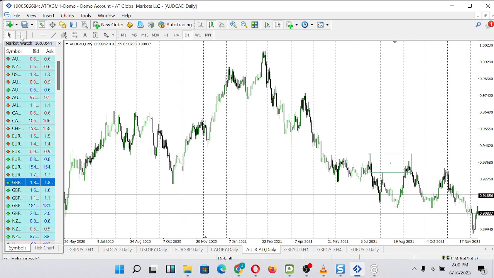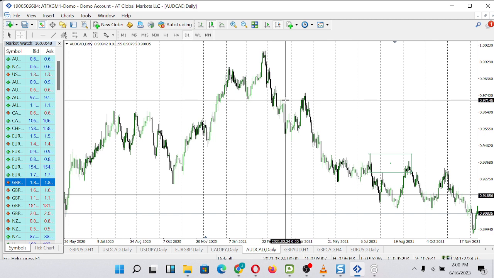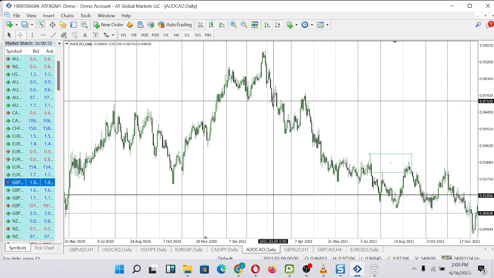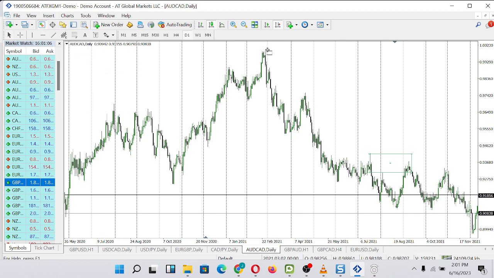It broke the structure by a wick. See this full body candle later closed below, right? Broke structure here. So you can as well have more than one order block, but we'll get to that as well.